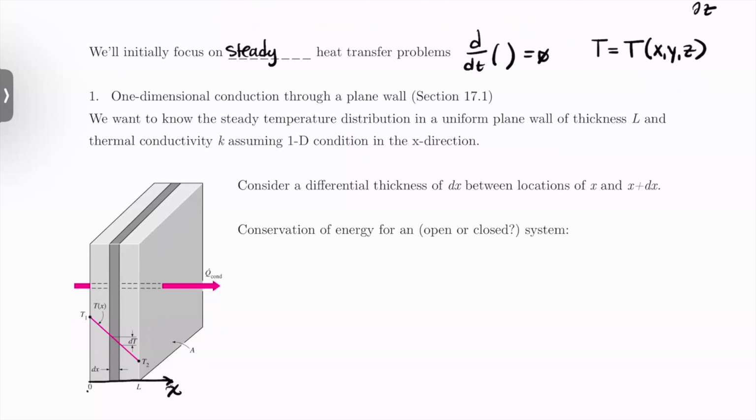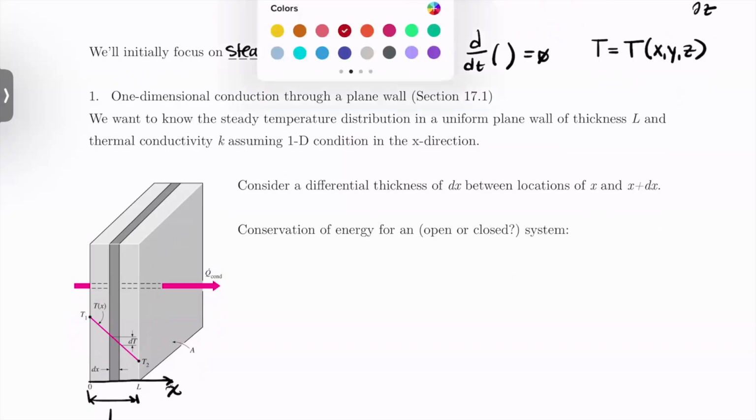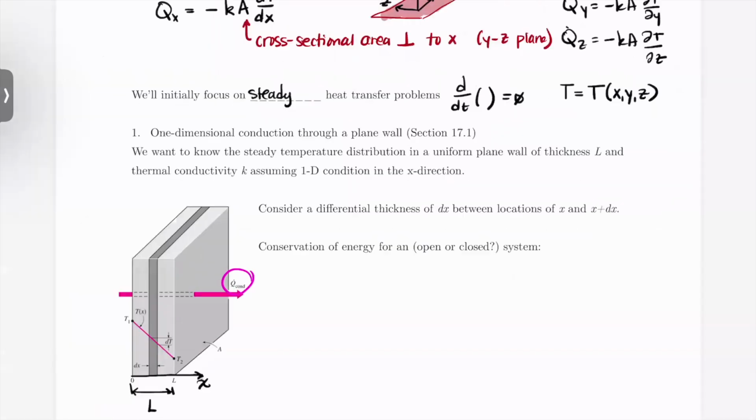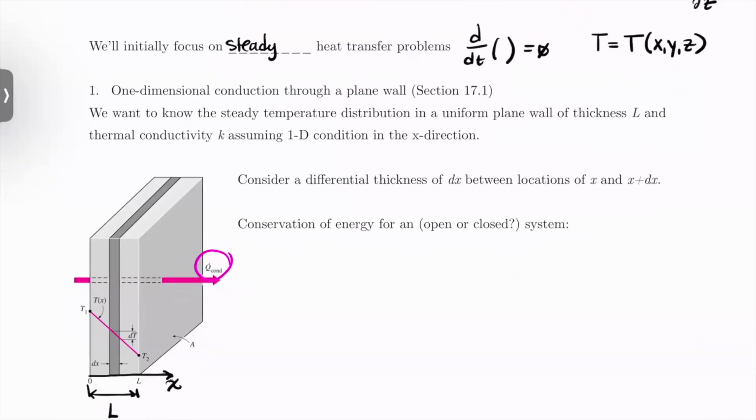All right, and then our thickness in that x direction is L. And we're going to have q dot conduction in the x direction. So here's our q dot conduction. This is in the x direction. And we have on either side of our wall, so on the back side, we have T1. And then on the right-hand side, we have T2.